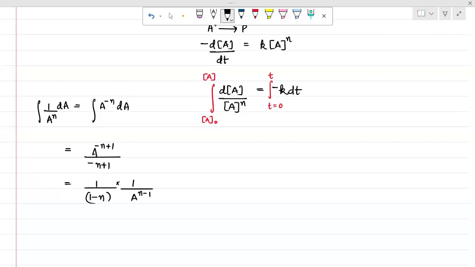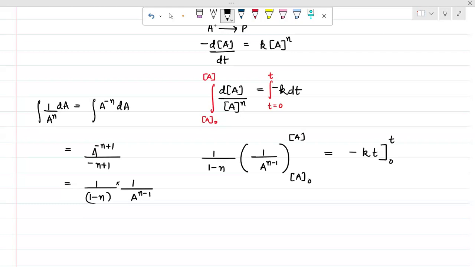Now I'll put these results over here. I have a common constant 1 by 1 minus n into, after the integration, 1 by A to the power n minus 1, with the limits, equal to minus k, and the integral of dt is t, and I need to put the limits here as well.